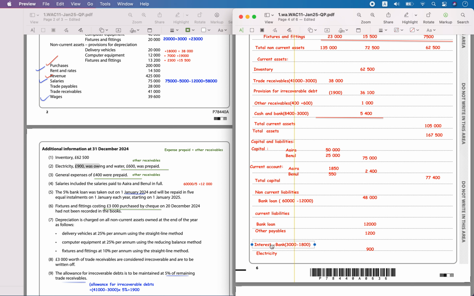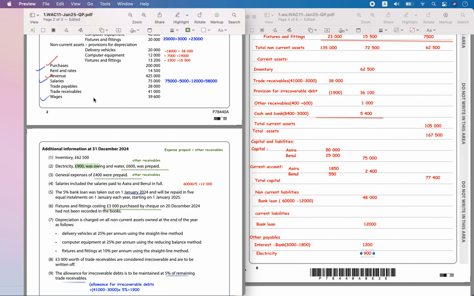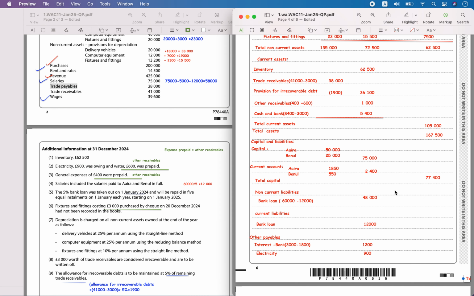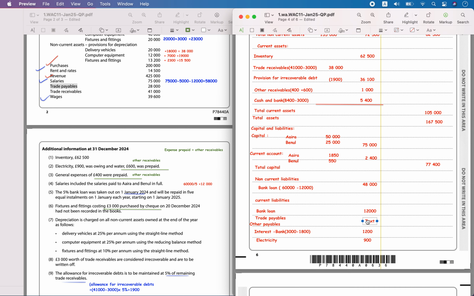These two would have become other payables. And we had trade payables also, which were around 28,000.